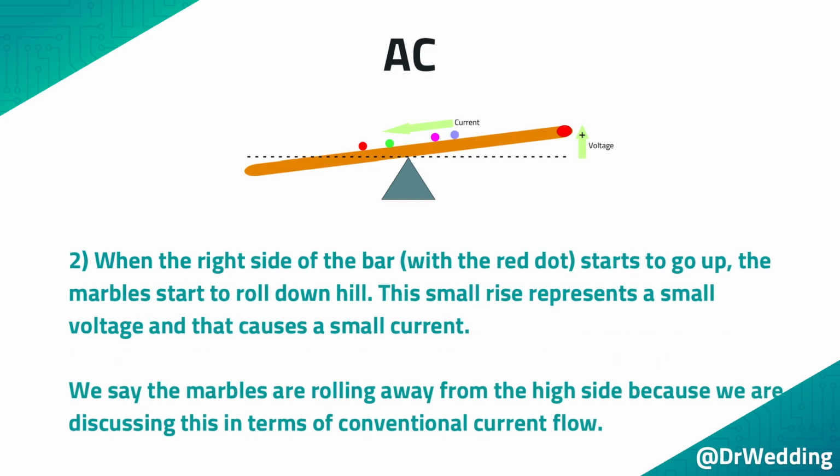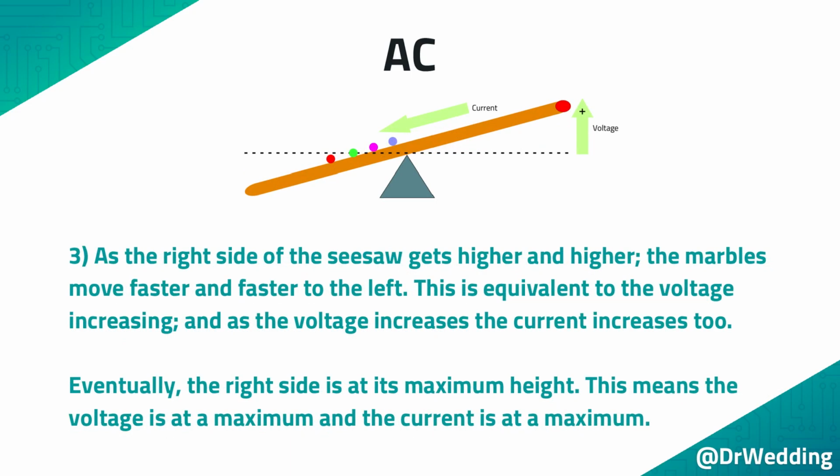Step 2. When the right side of the bar, with the red dot, starts to go up, the marbles start to roll downhill. This small rise represents a small voltage, and that causes a small current. We say the marbles are rolling away from the high side because we are discussing this in terms of conventional current flow. Step 3.